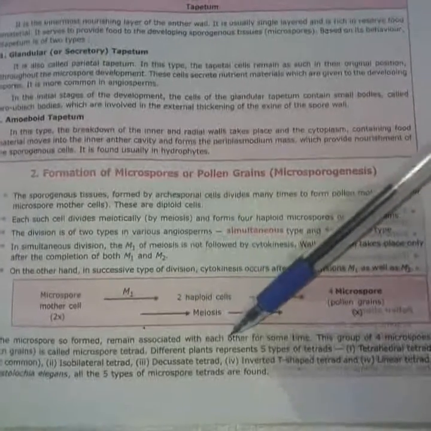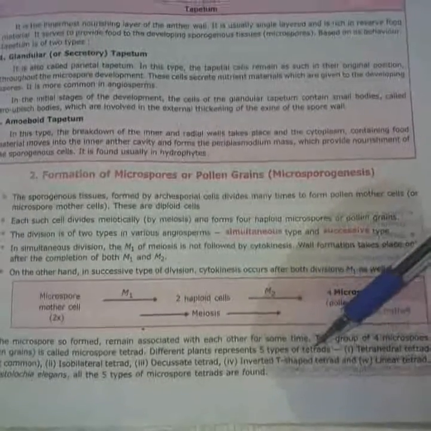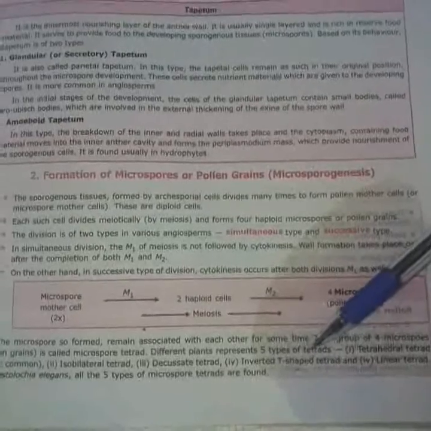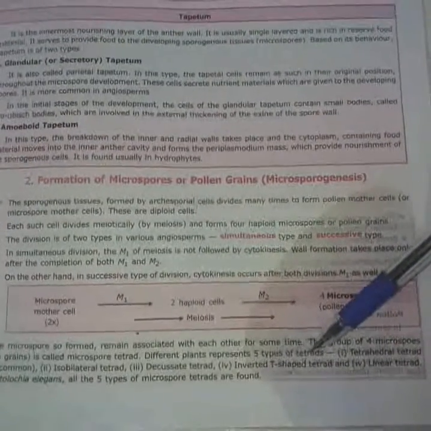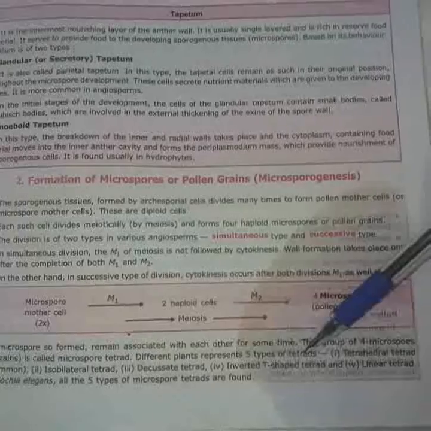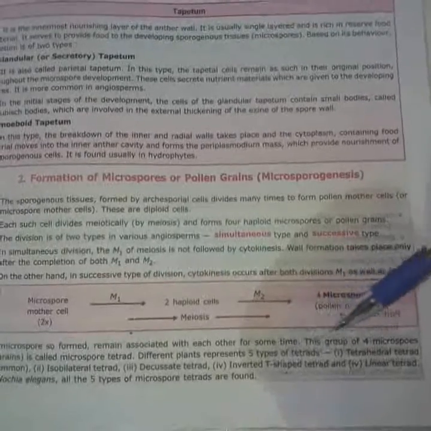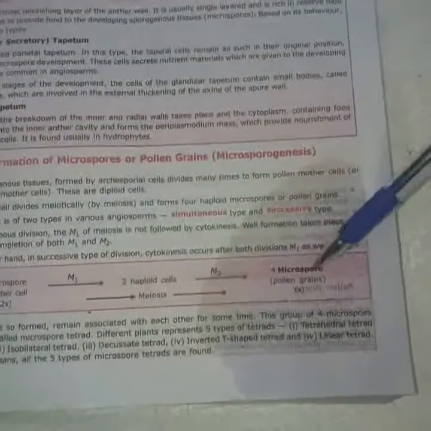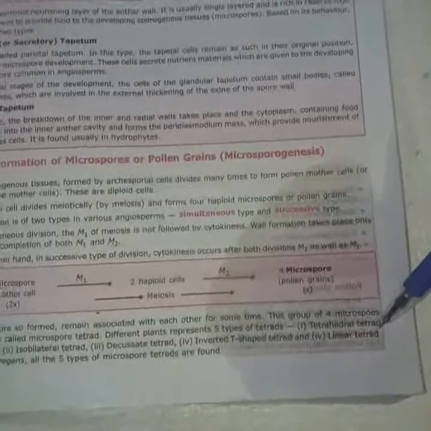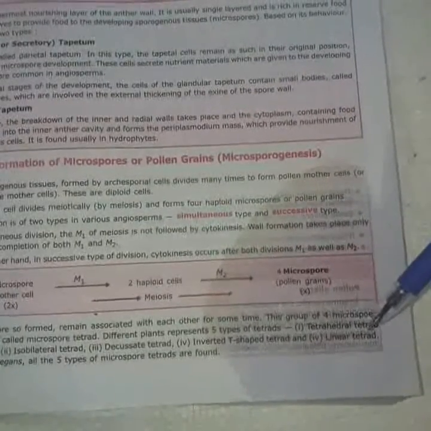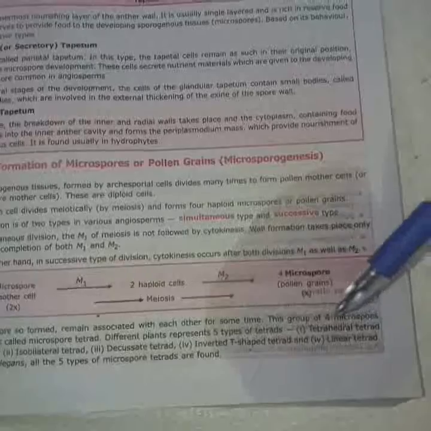Different plants show five types of tetrads, or arrangements of microspores or pollen grains. First, the tetrahedral tetrad, with four grains grouped together.